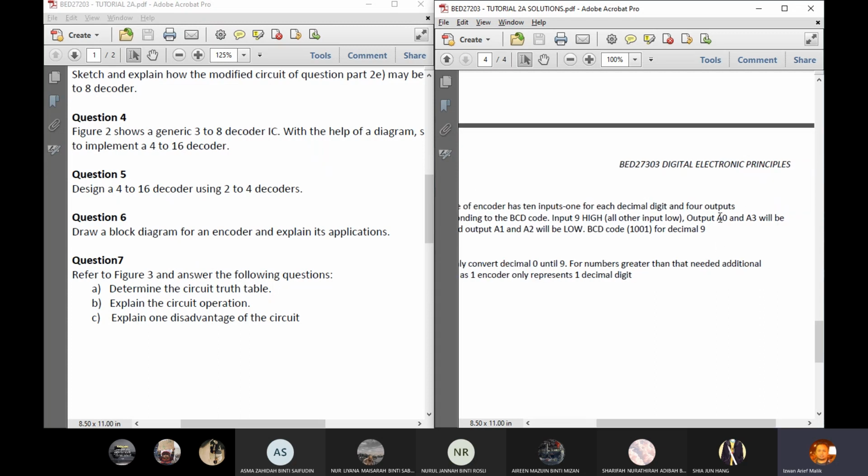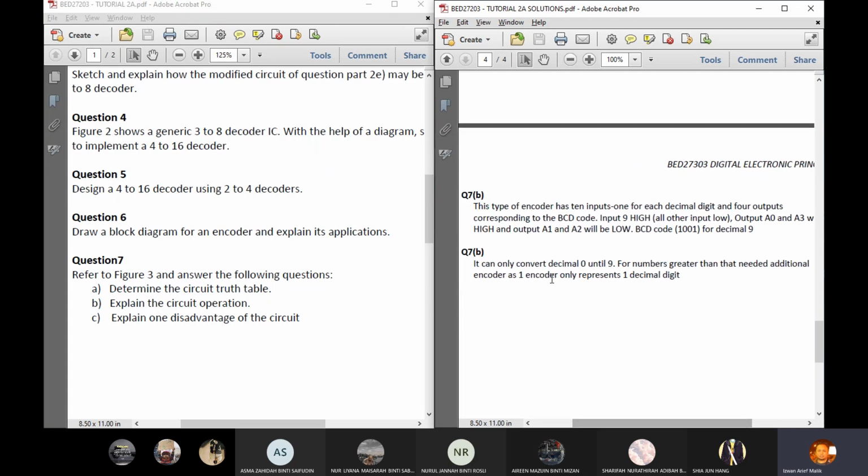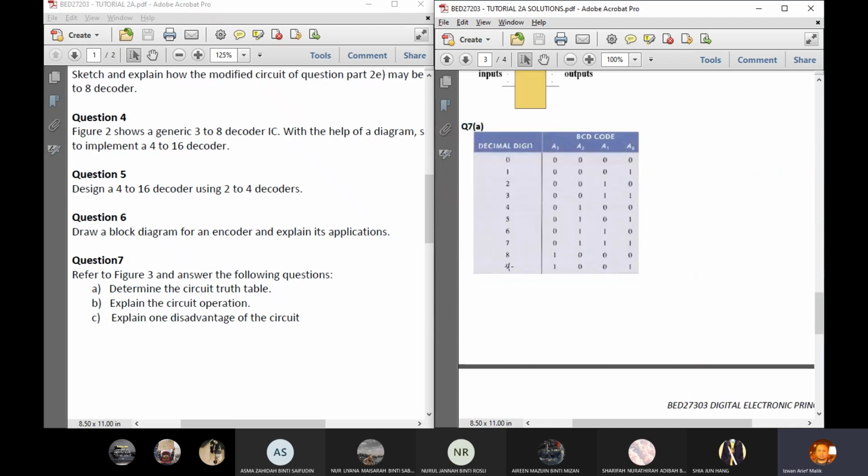So outputs A0 and A3 will be high and outputs A1 and A2 will be low. So BCD code 1001 for decimal 9. So let's check if it's right. When this is high, all the others are low, this one becomes high. A0 and A3 will become high. A1 and A2 will become low. So it will represent number 9 in BCD code, which is 1001.